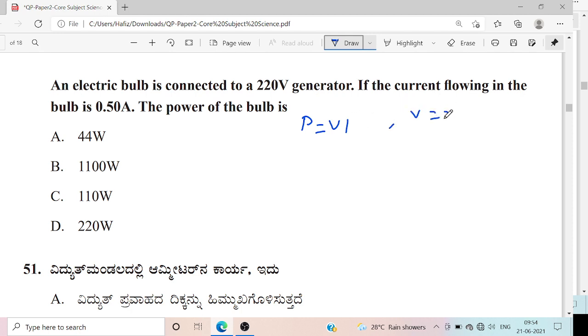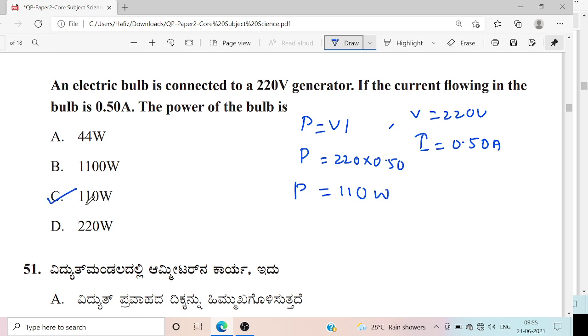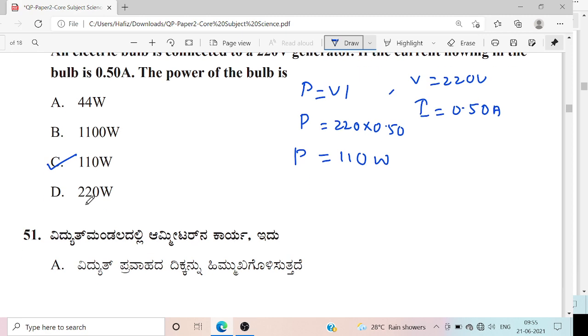Voltage given is 220, and current is 0.5 ampere. Just put the values: 220 into 0.5, half of 220, that is 110, and the unit of power is watt. So 110 means option C is the correct answer for the question.